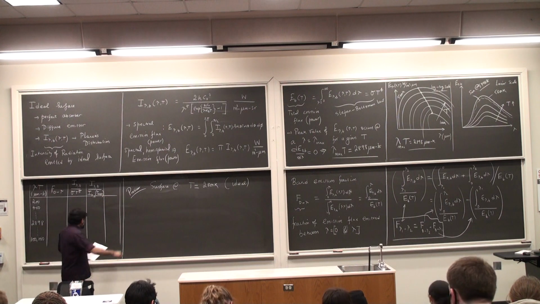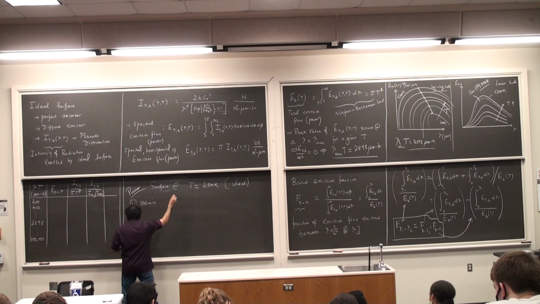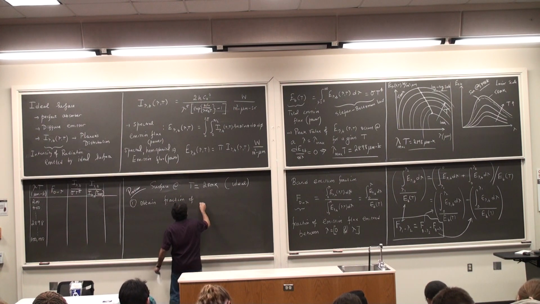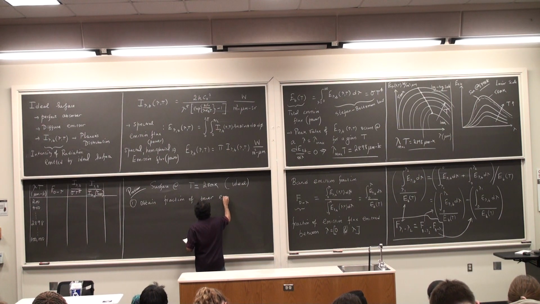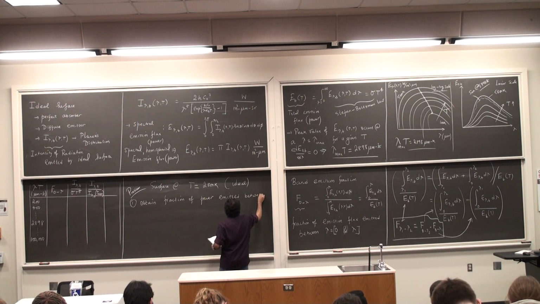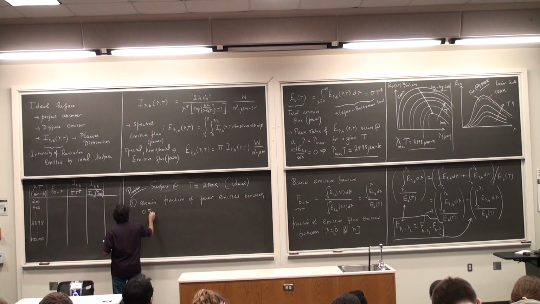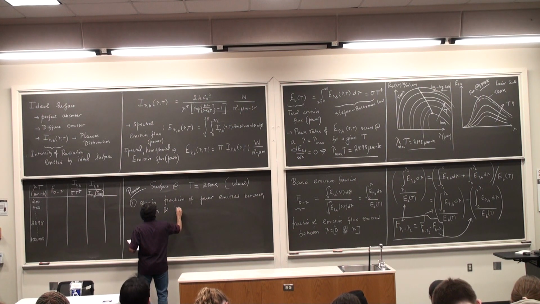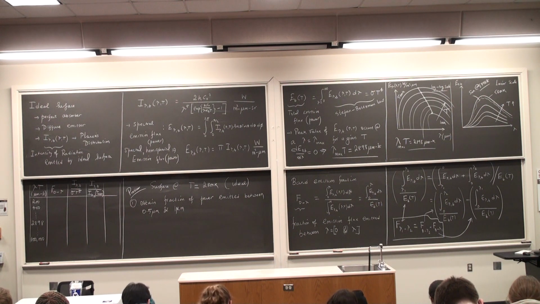First thing, obtain the fraction of the emissive power emitted between 0.5 micrometers and 1 micrometer. So here lambda 1 is 0.5 micrometers, lambda 2 is 1 micrometer.